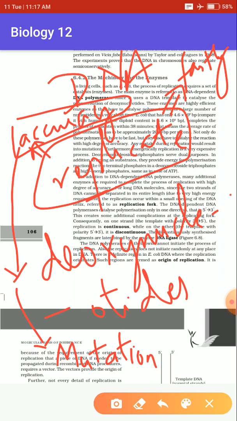So we must always consider that the DNA replication process has to happen in an accurate manner, right?